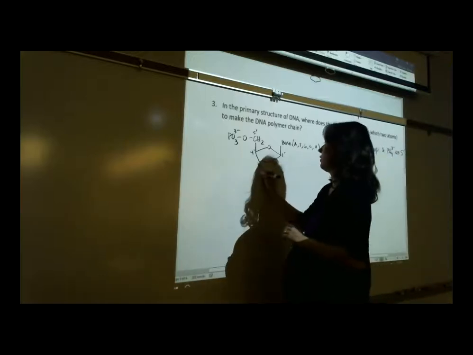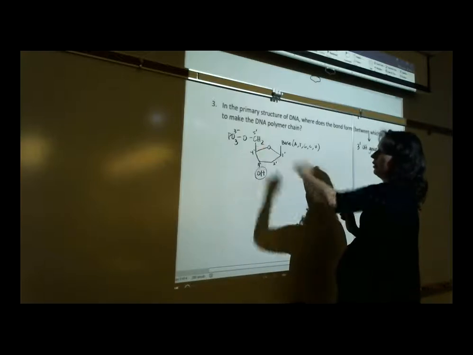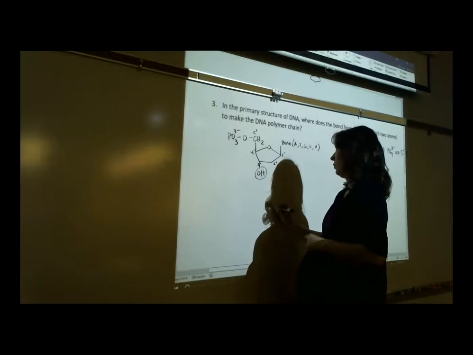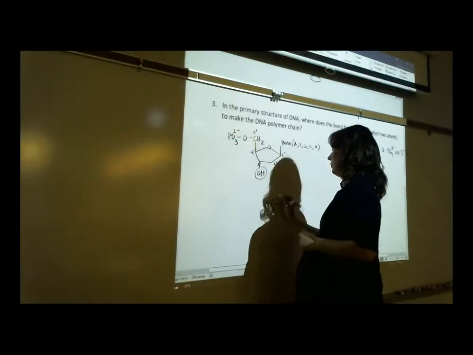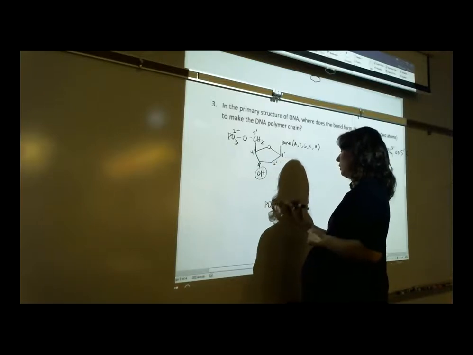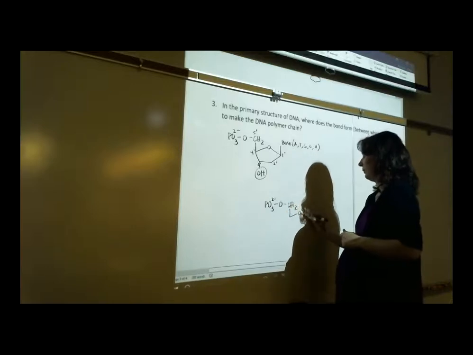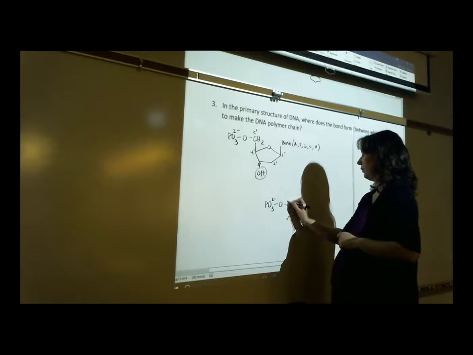So it's between this OH group and then the phosphate beneath it. So PO3. Oop, that wouldn't be 3 minus, that would be 2 minus. 2 minus O. And then there's the rest of the chain again. 1 prime, 2 prime, 3 prime, 4 prime, 5 prime.